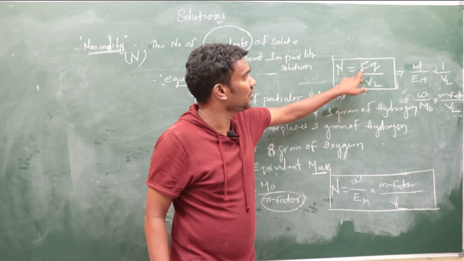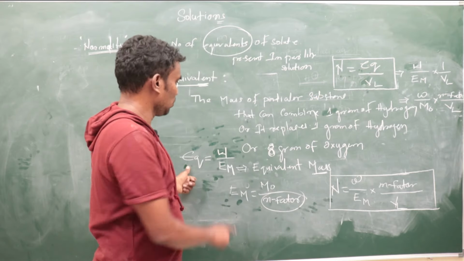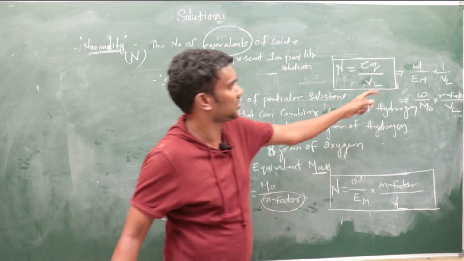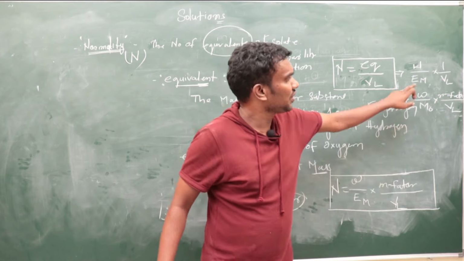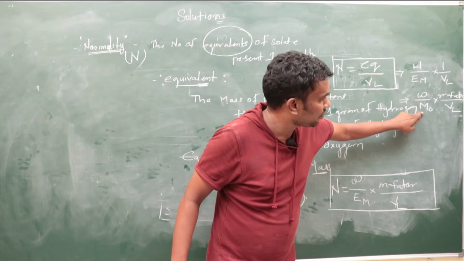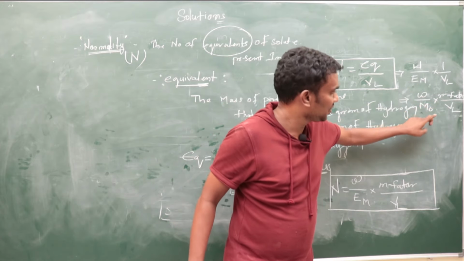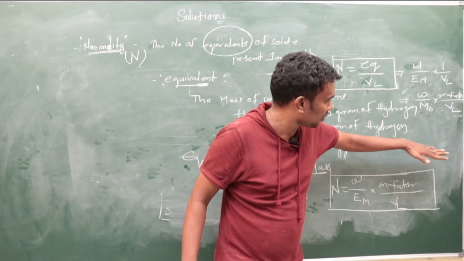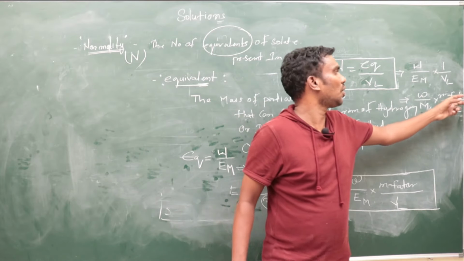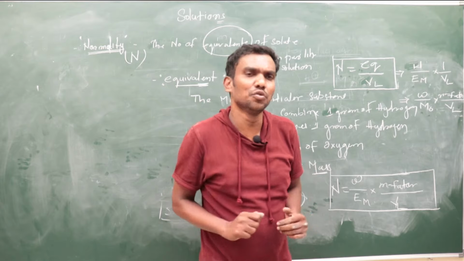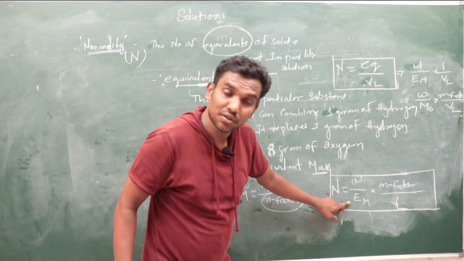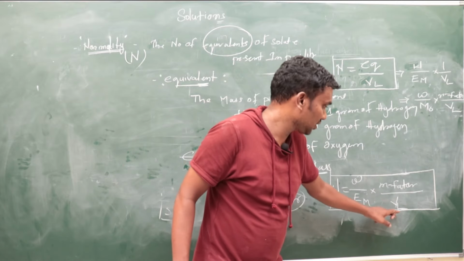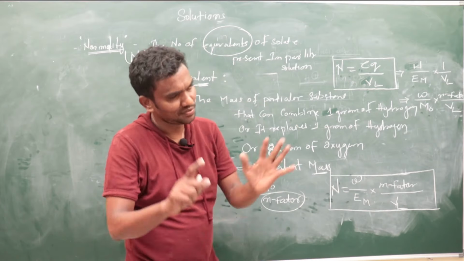Equivalence is equal to weight by equivalent mass, so I put here weight by equivalent mass into volume in liters. Equivalent mass means molecular mass by n factor. Here n factor is in the denominator, so it will go up to the numerator. So the final formula is N is equal to weight by equivalent mass into n factor by volume in liters, sir.